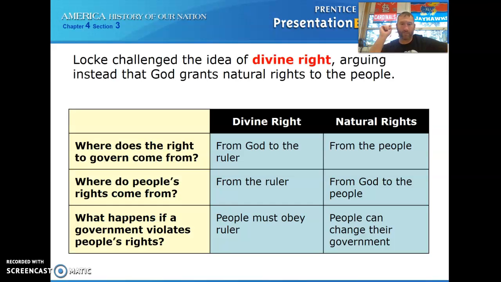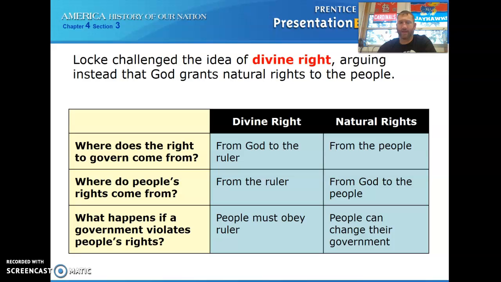Where does the right to govern come from? Well, some people believed in the divine right, which was from God, and others natural rights, which is from people. Where do people's rights come from? They come from the ruler under the divine right, and under natural rights, people believe that from God to the people. And what happens if a government violates the people's rights?